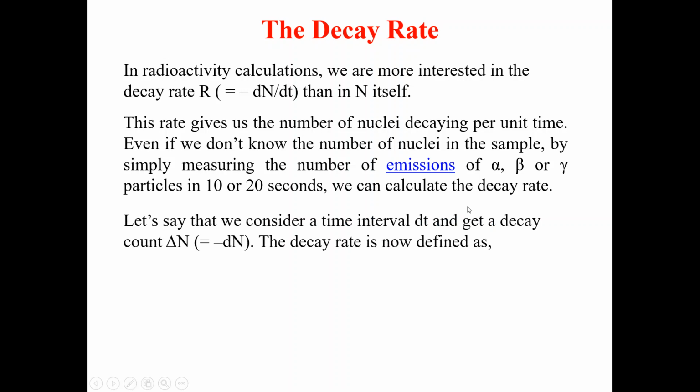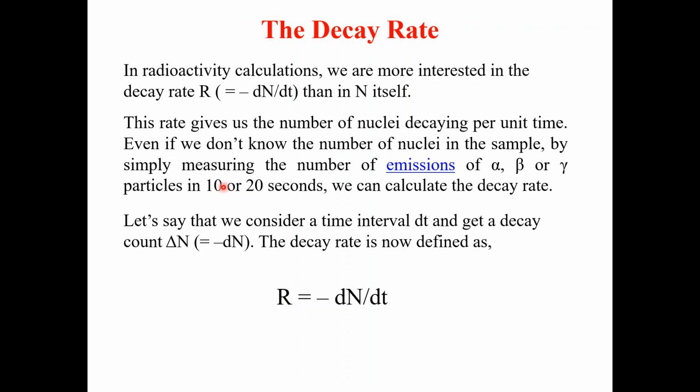To be very specific, let's say we consider the time interval dt, and get a change in number of nuclei delta N, that is equal to minus dN. So the decay rate is now defined mathematically as R is equal to minus dN over dt. That is how we do the mathematics.